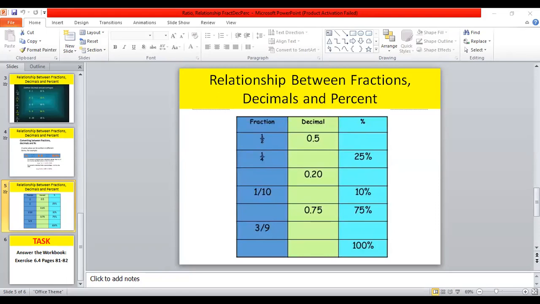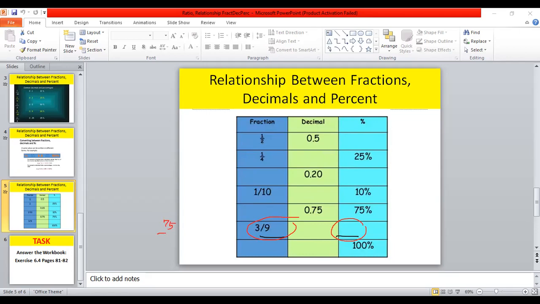1 over 10. Now this third decimal is 0.75 and percentage is 75%. What is it as a fraction? Pokpong? 0.75, 75%. What is it as a fraction in lowest term? Remember, 75% is 75 over?